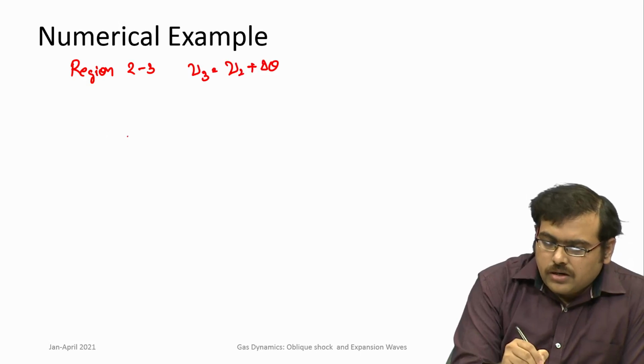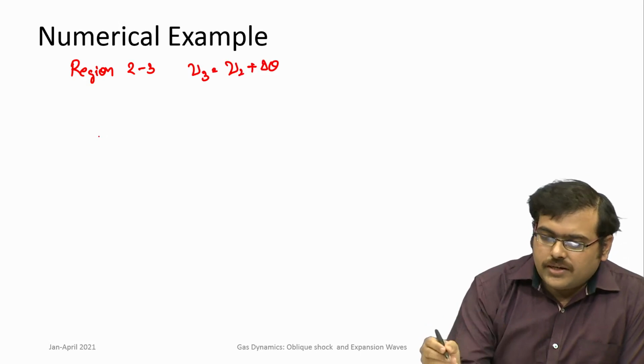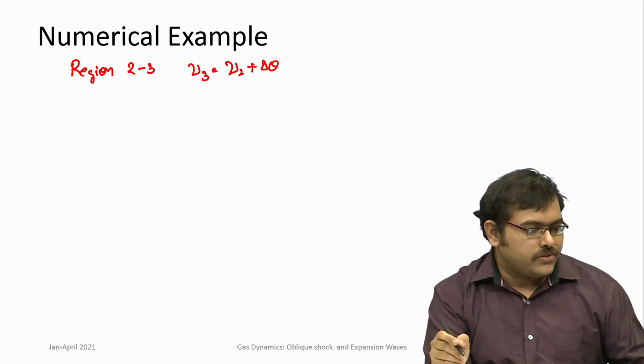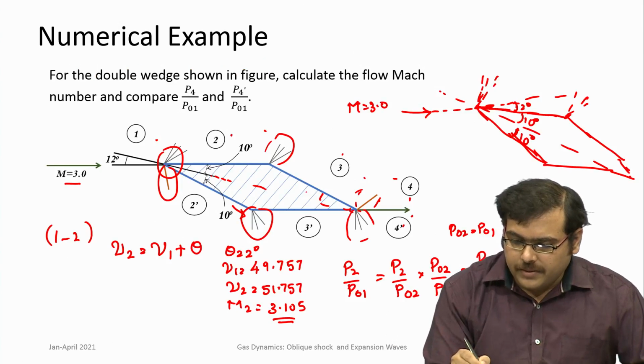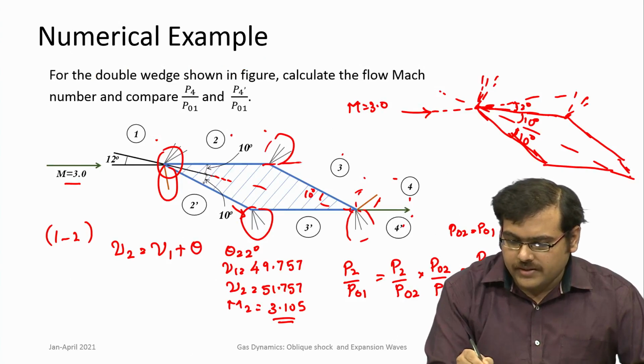Okay. So, now moving on from this region, from region 2 we go to region 3. Between region 2 and region 3, it is again another expansion fan. Same principle holds good: nu 3 is nu 2 plus delta theta. What is the change in angle? Using trigonometry, this is 10 and it is symmetric, this is 10, so this angle has to be 20 degrees.